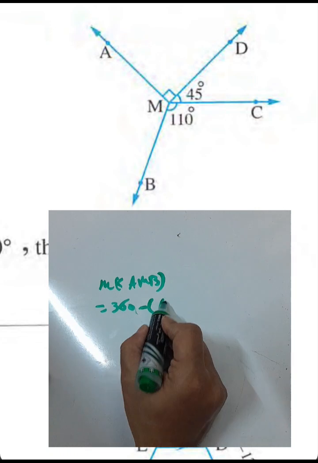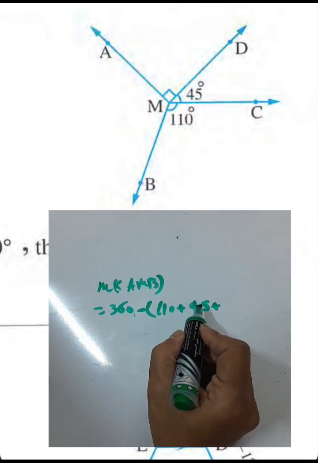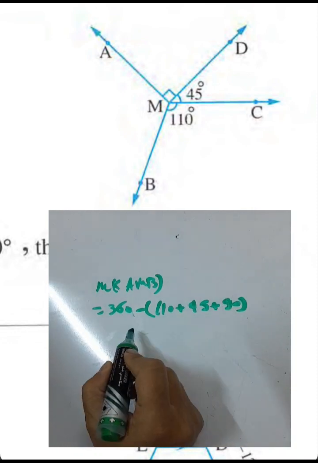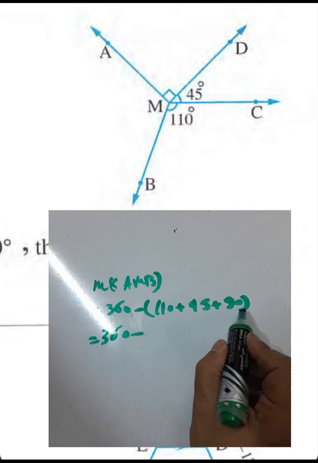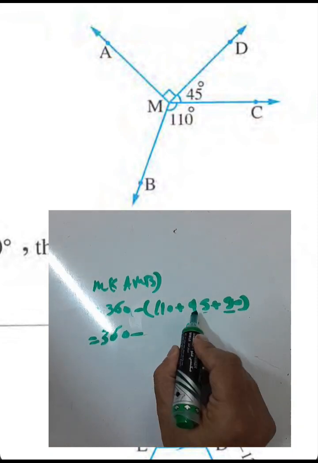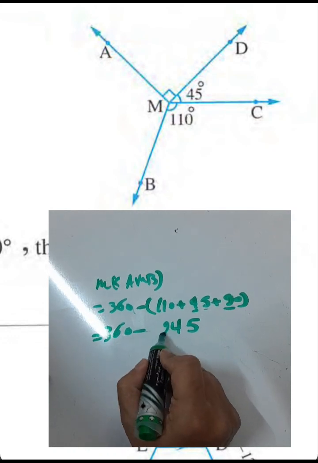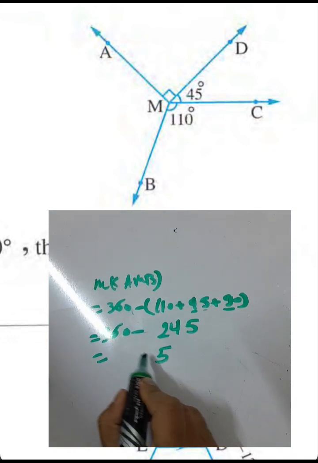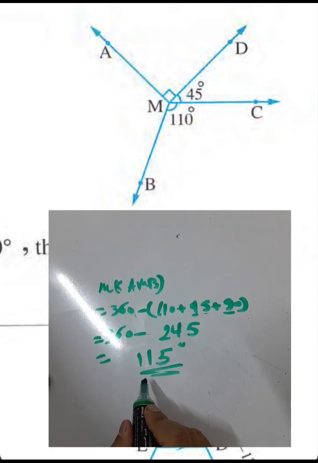We have 110 and 45 and 90. 360 subtract 245. The result will be what? 115 degrees. Next question.